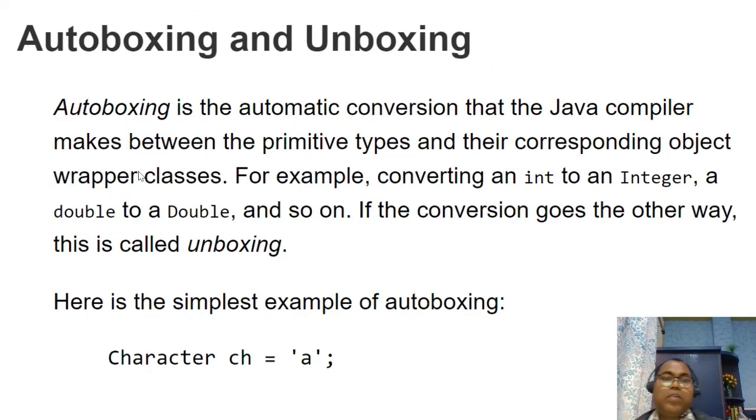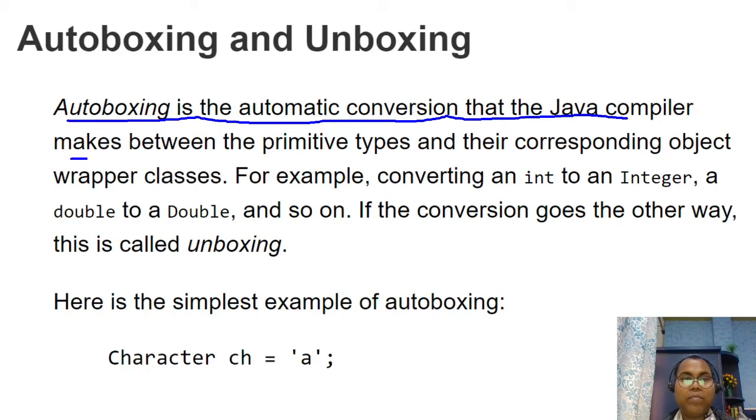So let us discuss autoboxing and unboxing. What is the meaning of that? Autoboxing is the automatic conversion the Java compiler makes between the primitive data types and their corresponding object wrapper classes. So what do you mean?